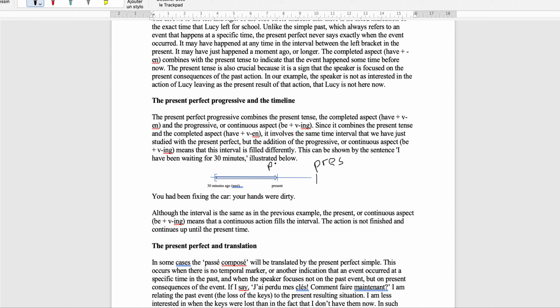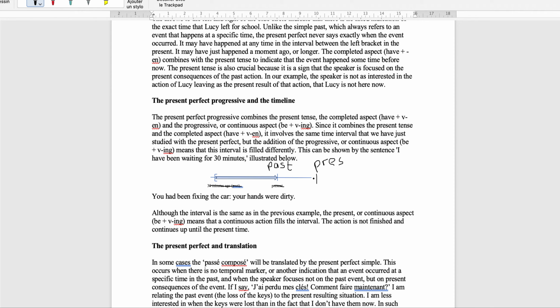So it works in the same way as with the present perfect and the past perfect simple. We're just shifting over. I can cross this out, and I can cross this out. We could have 30 minutes before. Okay, so here: you had been fixing the car.